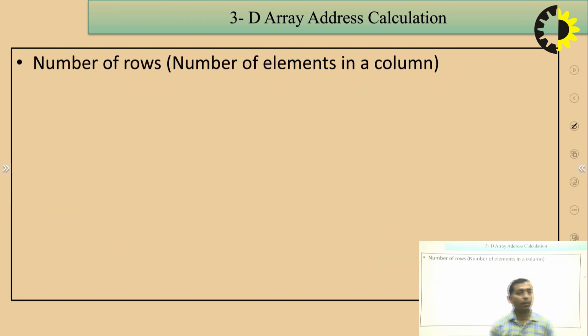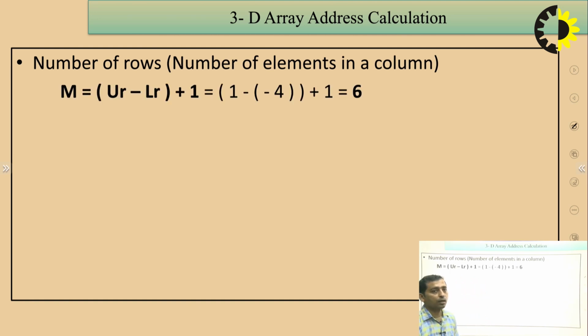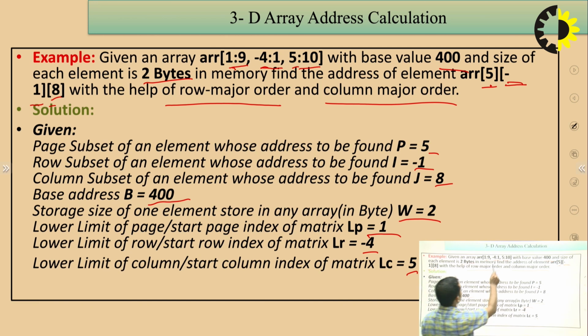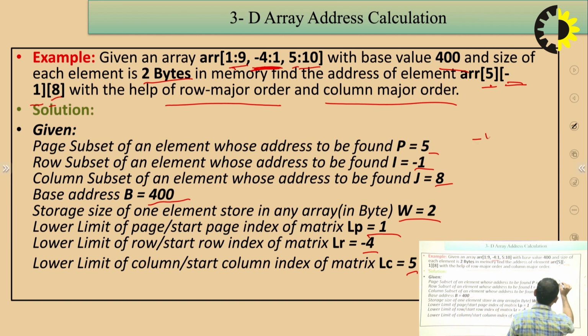Now the number of rows means the number of elements in a column, that is M. See here, the row indexes start from -4, then -3, then -2, -1 and 0 and then 1.